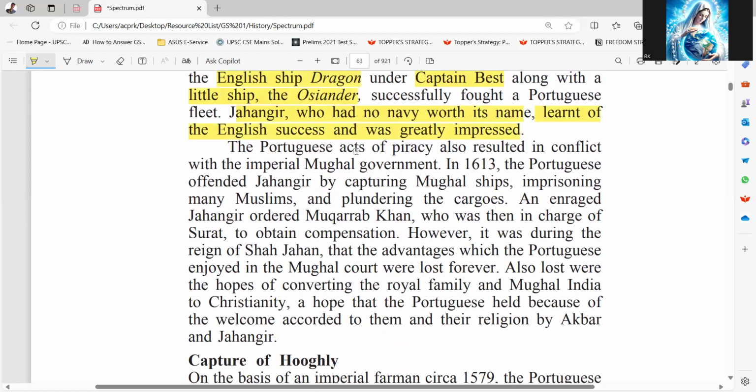The Portuguese acts of piracy also resulted in conflict with the imperial Mughal government. In 1613, Portuguese offended Jahangir by capturing Mughal ships, imprisoning many Muslims, and plundering the cargoes.